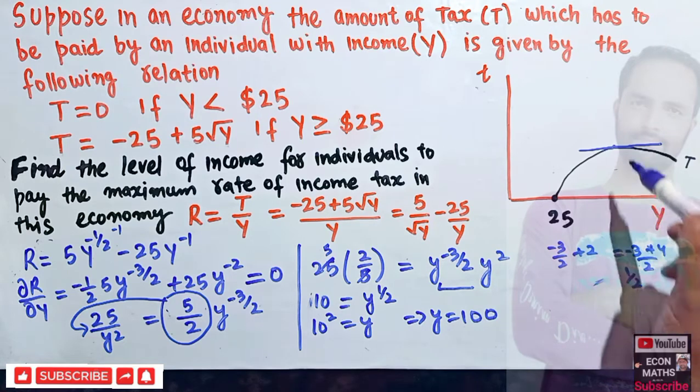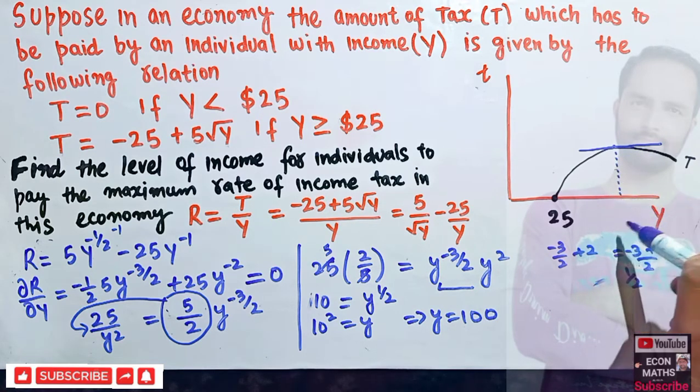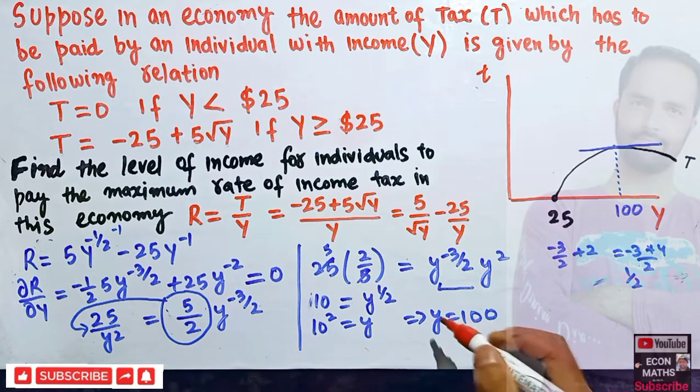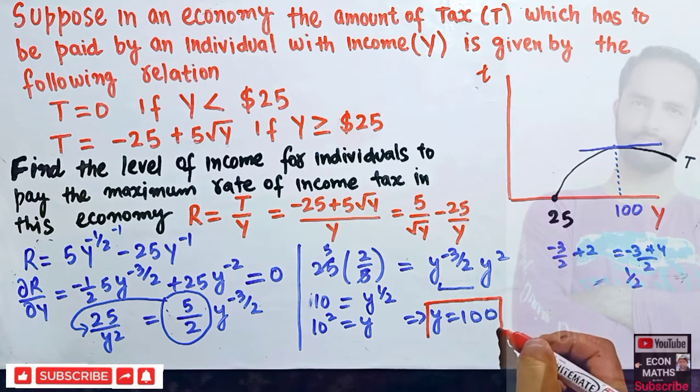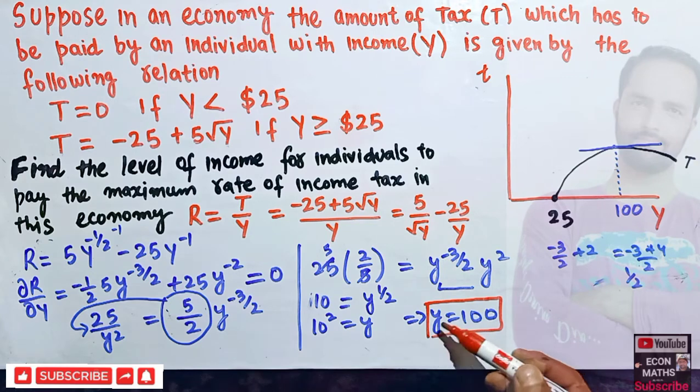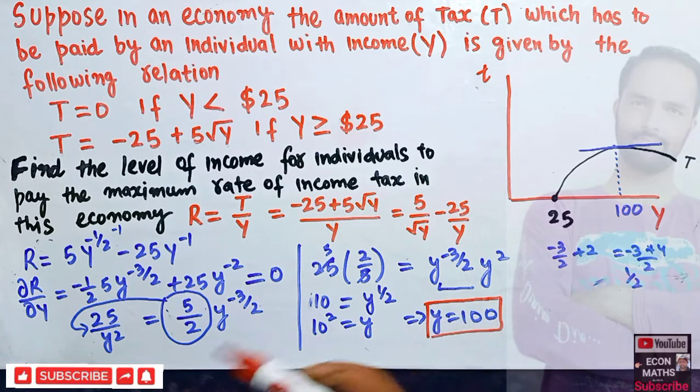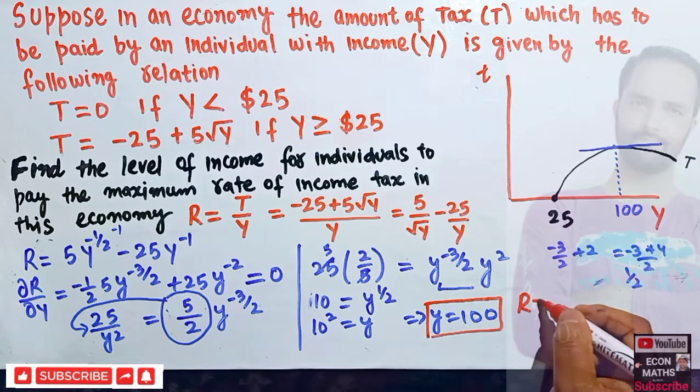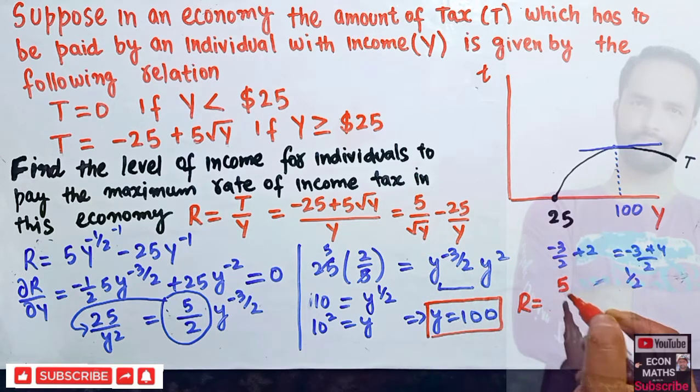That means when income is $100, our tax rate will be maximum. And what will be the tax rate corresponding to this level of income? Let's find out. Just plug y equal to 100 into the tax rate function. So our rate of tax will be equal to 5 upon under root y, in place of this we write 100, minus 25 upon 100.